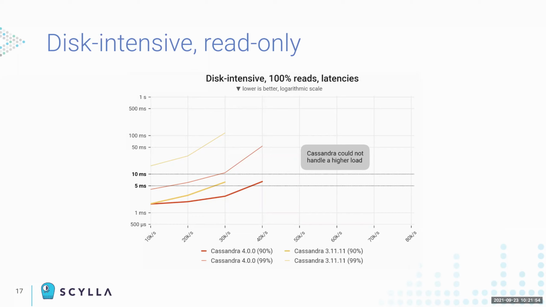And moreover, the 99th percentile latencies are improved. For example, at 20,000 operations per second, the 99th percentile latency is between 5 and 10 milliseconds, while Cassandra 3's 99th percentile latency is well above 10 milliseconds.